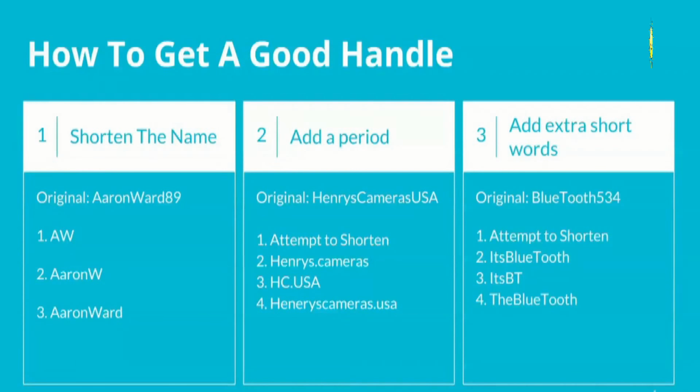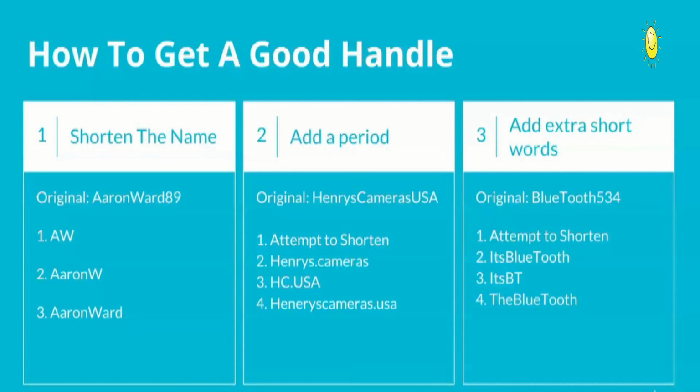And if that doesn't work, what you can move on to next is to add a period. For example, we'll choose Henry's Cameras USA. Pretty long name. It would most likely be a business selling cameras in the USA. So you attempt to shorten it, and we've tested all those results and nothing worked. So what we can do now is add a period to our shortened result.